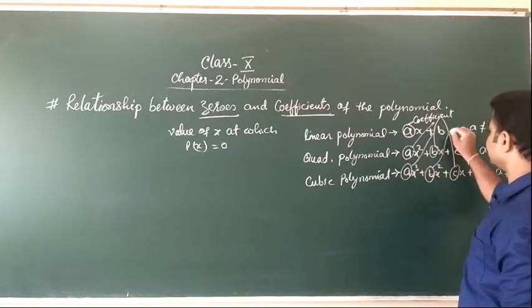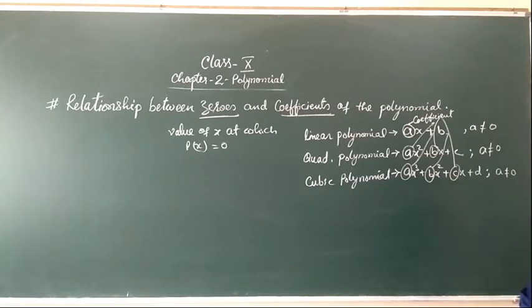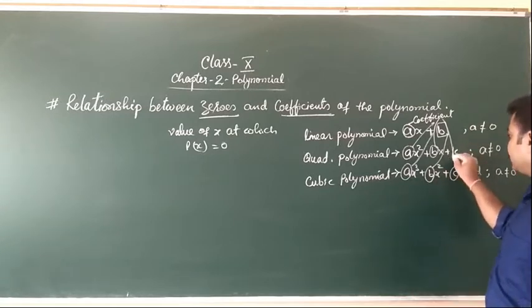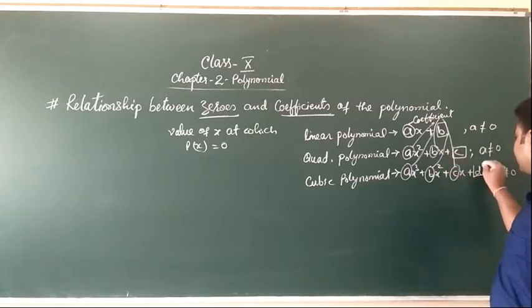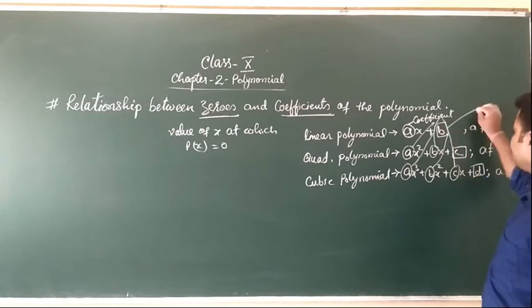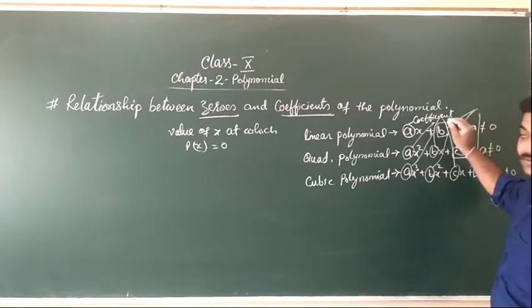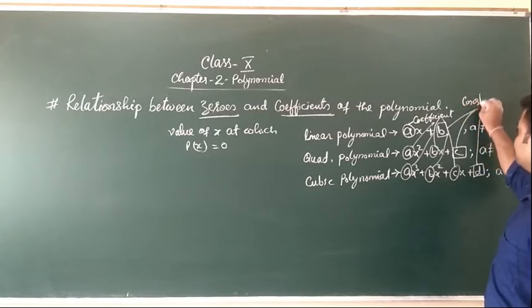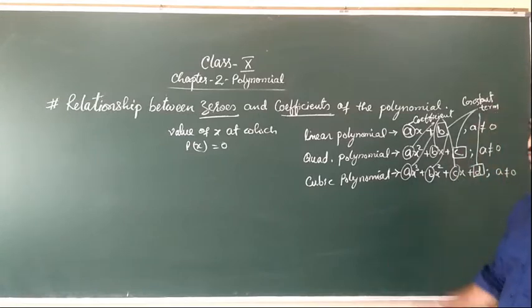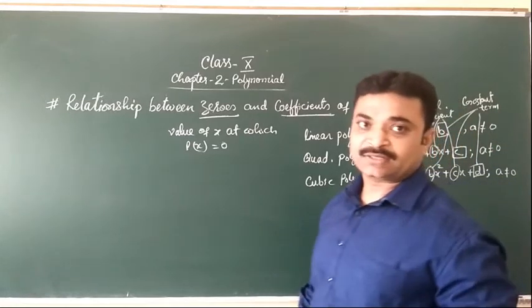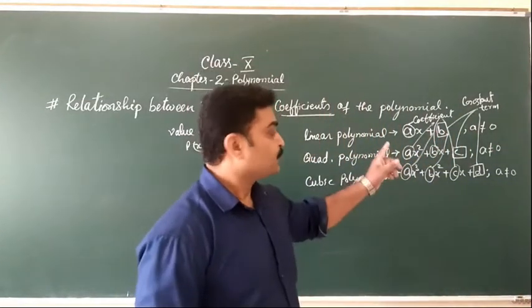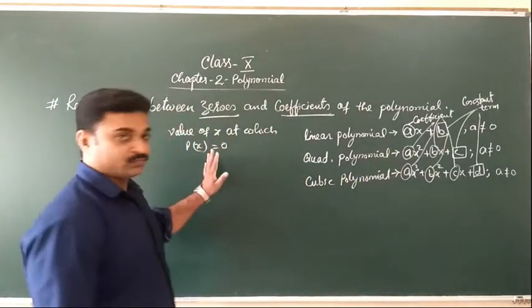But the term without a variable, these terms, are the constant terms. So understand what the constant terms are, what the coefficients are, and what the zero is.